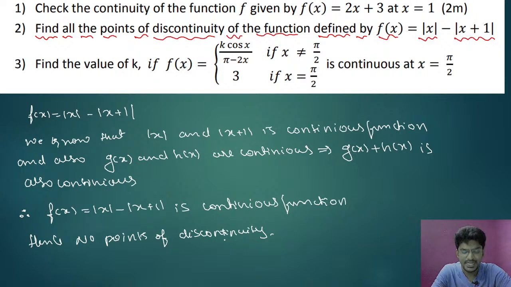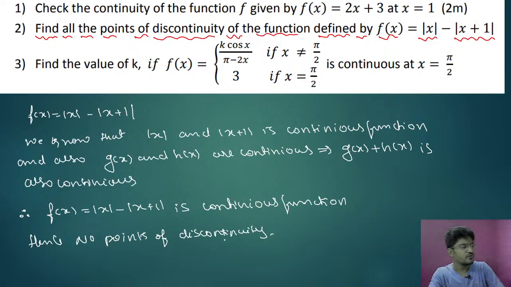Hence, we can write that f of x is equal to mod x minus mod of x plus 1 is continuous. Therefore, there are no points of discontinuity. If you write this much, it is more than enough.